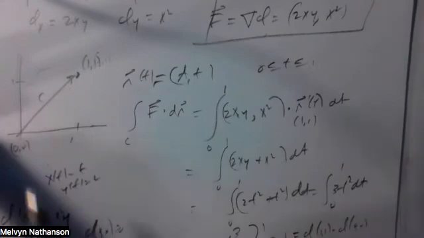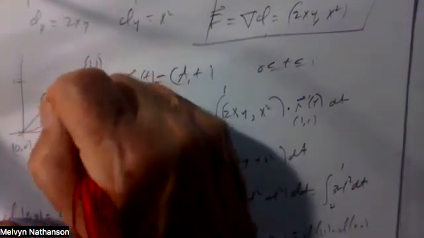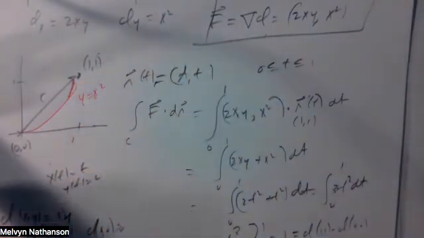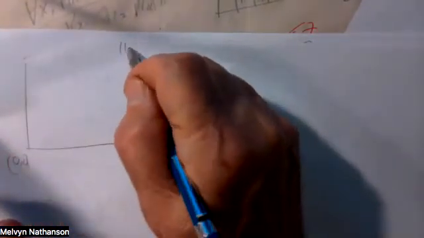Let's take another curve that goes from (0, 0) to (1, 1). Suppose we take the curve y equals x squared. Perfectly nice curve as you're going along a parabola. So let's take a look at that. Let me draw my picture again: (0, 0), (1, 1).